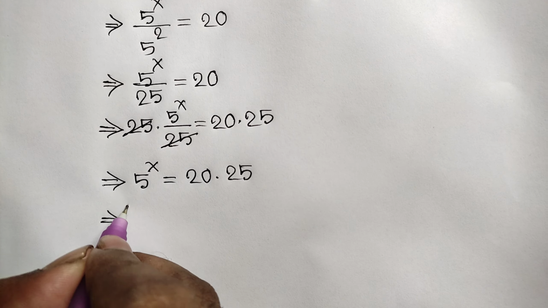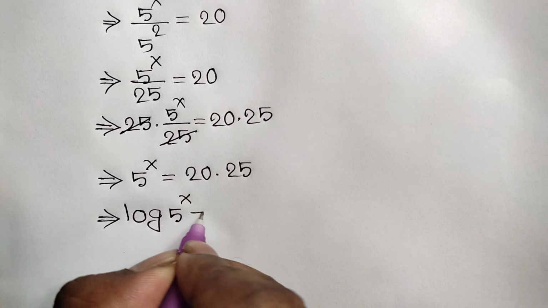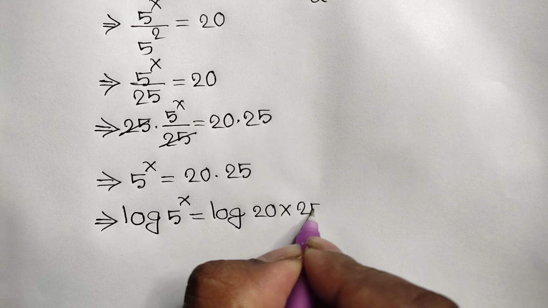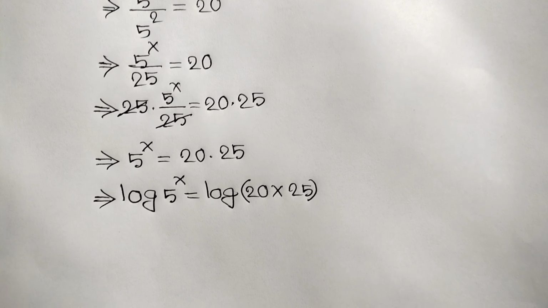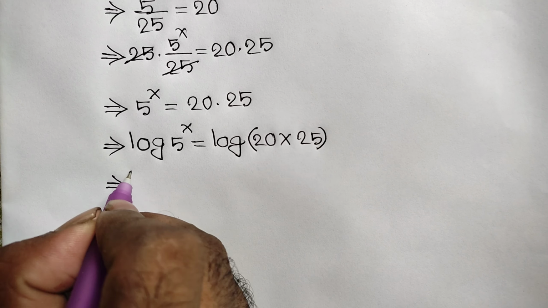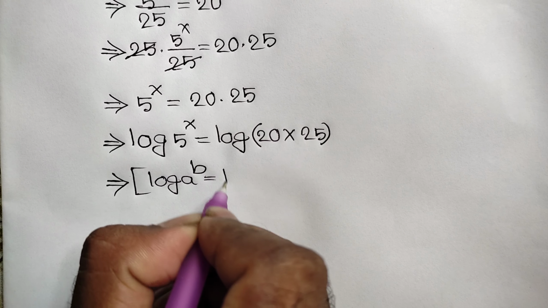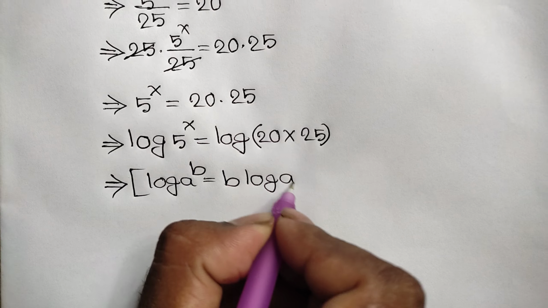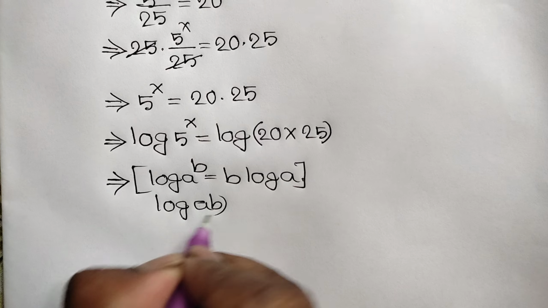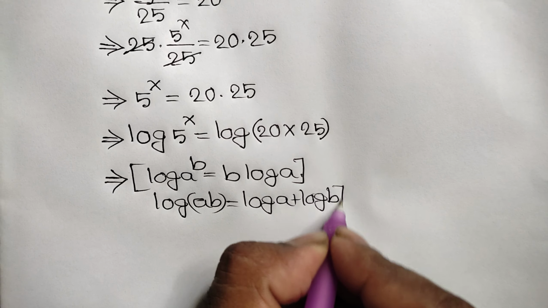Now taking log on both sides, we can write log of 5 to the power x is equal to log of 20 times 25. We know the logarithm formulas: log of a to the power b is equal to b times log of a, and log of ab is equal to log of a plus log of b.